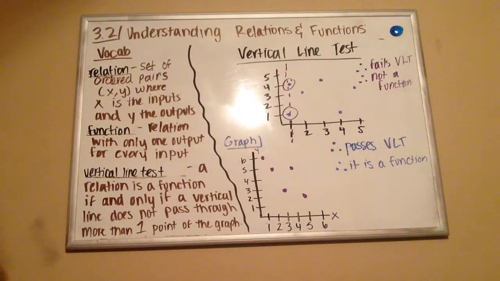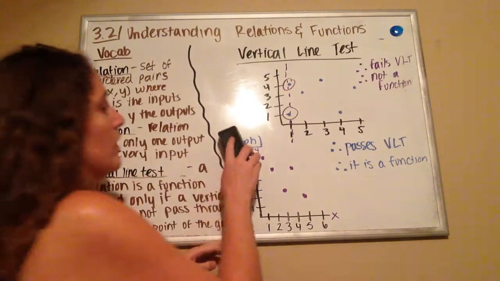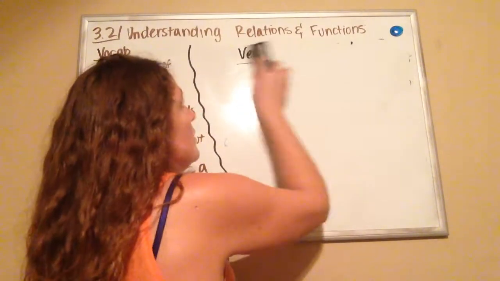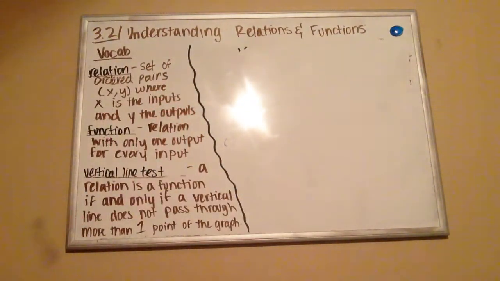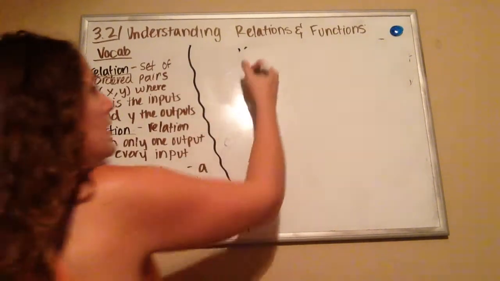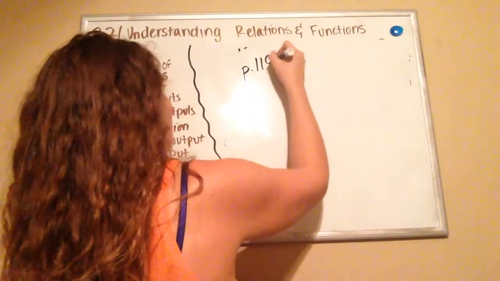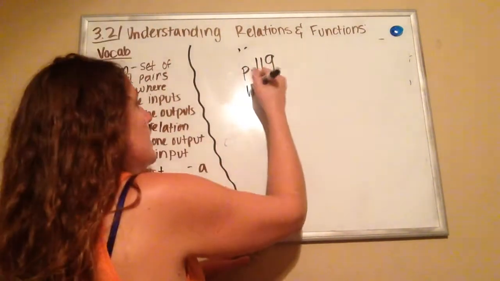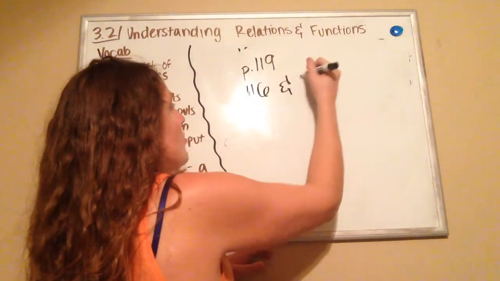So just to practice this, I want you guys to do a couple of your own on the left-hand side. So I'm going to erase this. If you still need it, just pause the video. Still under vertical line test, but now you're on the left-hand side. I want you guys to go in your workbook to page 119 and do number 6 and number 7.